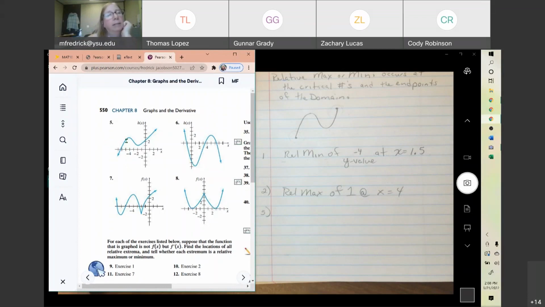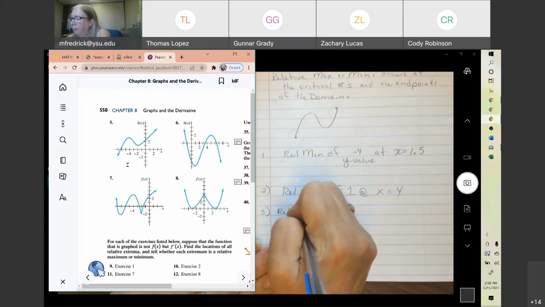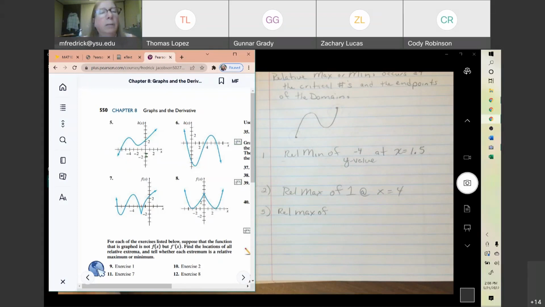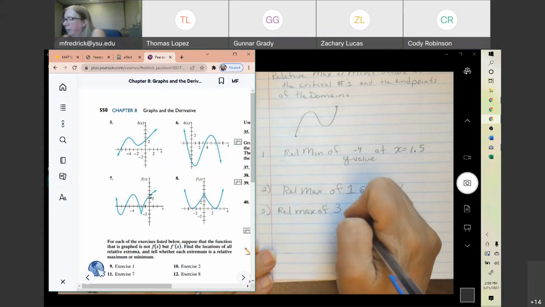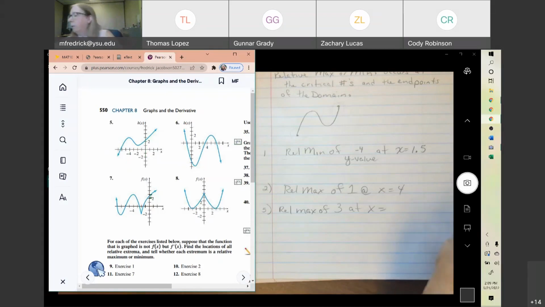Yes, it's a max. It's a high point on the graph in relationship to the parts around it. It's not the highest because notice this keeps going, but it is a relative max. So there's a relative max of 3 at x equals -4.